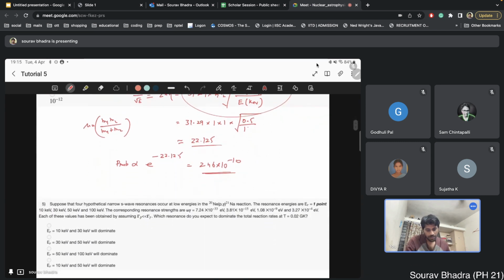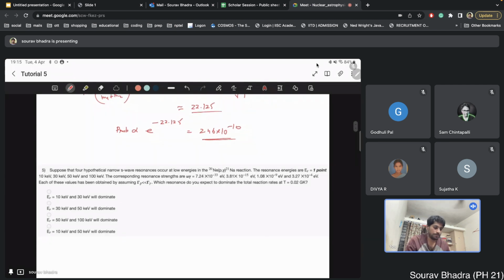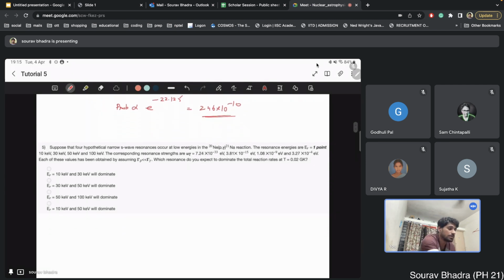This is a good problem, problem 5, for which you need to understand resonance and non-resonance reactions. Here we have to find the energy.